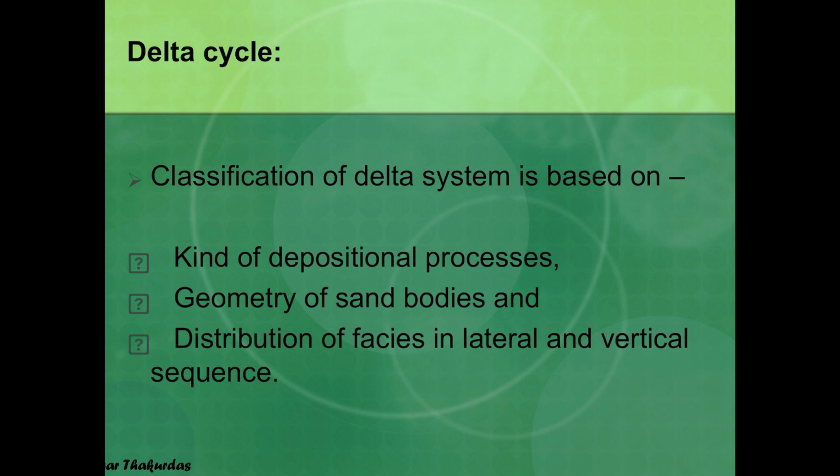The kind of depositional process, so it involves the dominant energy, whether it is river, tide or wave, or the shape of the sand bodies, whether the sand bodies are elongated or the coastline is arcuate or it is eroded in the form of estuary and sand bodies are perpendicular to the coastline, or distribution of facies in lateral and vertical direction. So based on these three parameters, the classification of delta system is derived, that we have already seen in a triangular diagram as well as in a tabular form.